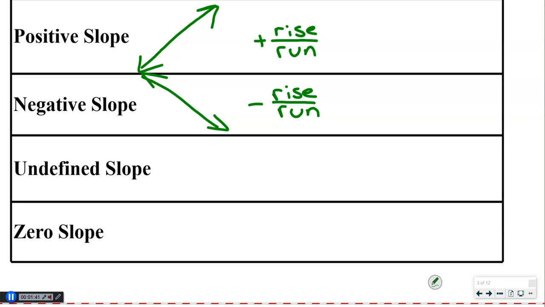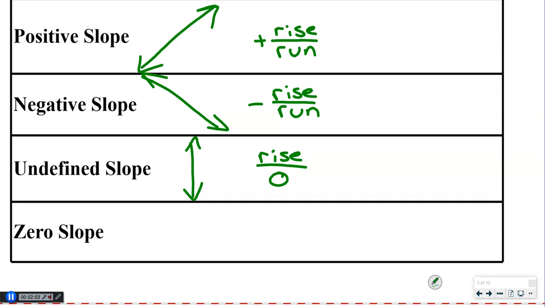An undefined slope is going to look like a vertical line straight up and down. And that would be if we have whatever number we have in our rise over 0, if there is no change in x.